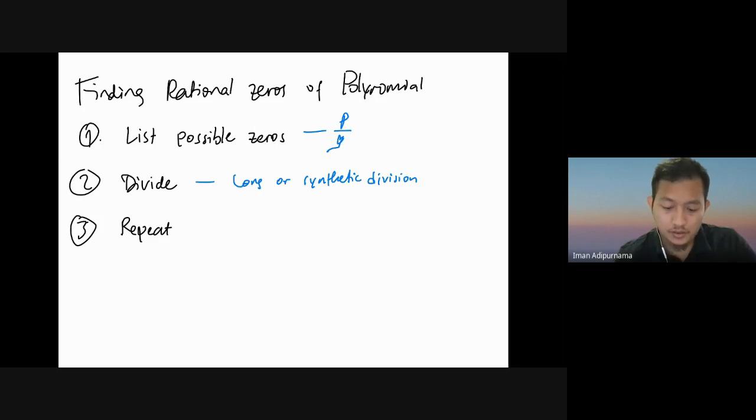So repeat steps 1 and 3. Okay, if you have maybe long polynomials, you can repeat until you find all of the zeros. Okay. Any questions?